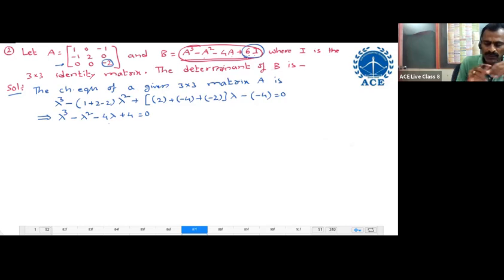Because these are the same as these terms, you need not find the eigenvalues. We write the matrix equation and then write directly the determinant of B matrix, which implies, by the Cayley-Hamilton theorem, A cube minus A square minus 4A plus 4I equal to O.